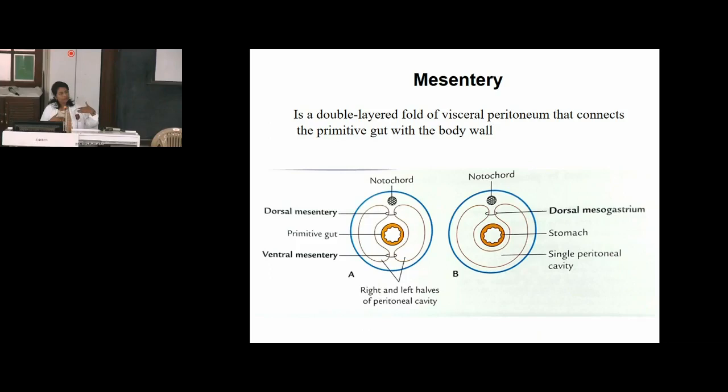Retroperitoneum: only on one surface is the organ covered by the serous peritoneum, while posteriorly it is related to the posterior abdominal wall. What happens to a retroperitoneal organ? Via the dorsal mesentery, the organ is growing towards the posterior side, and it becomes adherent to the posterior abdominal wall. Anteriorly only it is covered with the serous peritoneum, right? So this is how the single peritoneal cavity is formed.